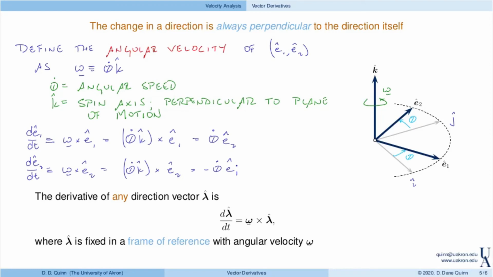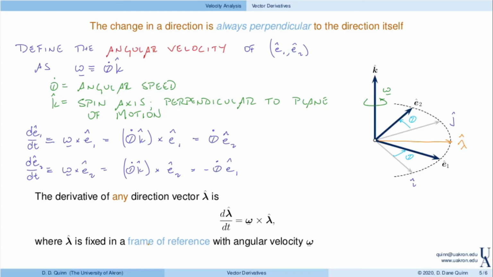So this becomes theta dot in the minus E1 direction. So we can actually generalize this. The derivative of any direction vector could be E1, could be E2, could be something in between, could be some other vector, say here. Call it lambda. The derivative of any direction vector is omega cross that vector, where this vector is fixed in what we'll say is a frame of reference with angular velocity omega.